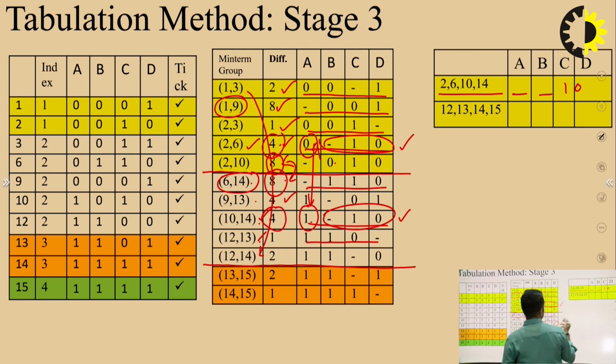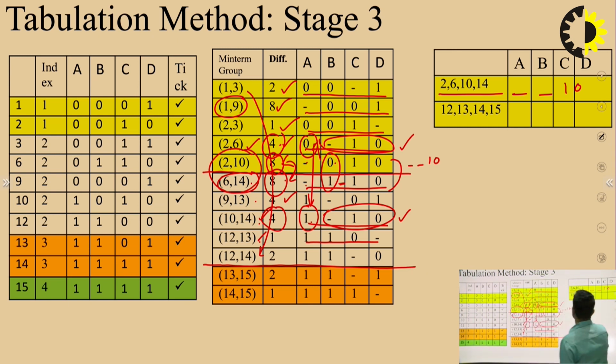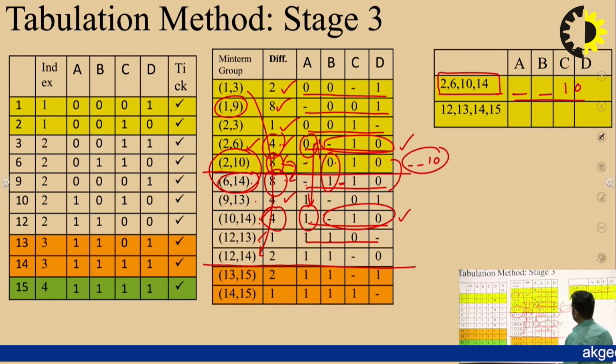Again they are producing the same thing, dash, dash, 1, 0. If you check that, this is the point of difference, which is going to be replaced with dash. Dash is there, 1 is there, 0 is there. So if I group these, I get dash, dash, 1, 0, and the terms are 2, 10, 6, 14. You can check that this is the same group producing the same binary pattern, dash, dash, 1, 0. I need not write that, but the important thing is I need to tick it. 2, 10 ticked, 6, 14 ticked.